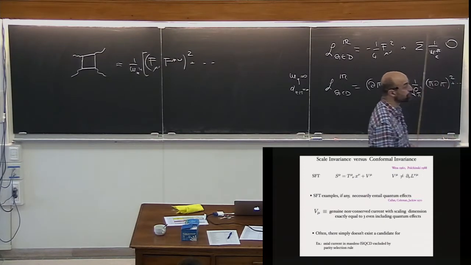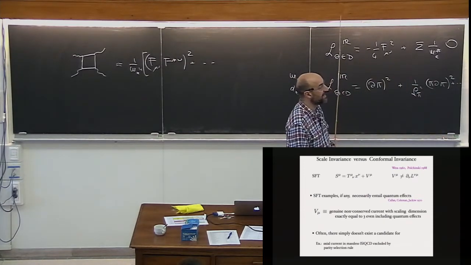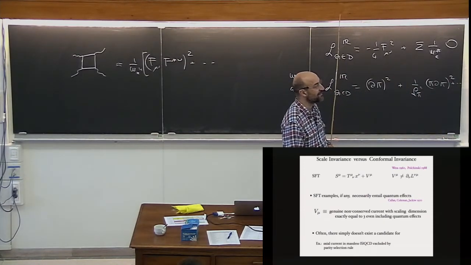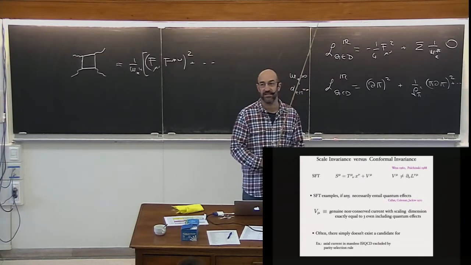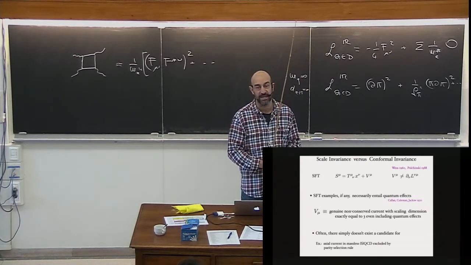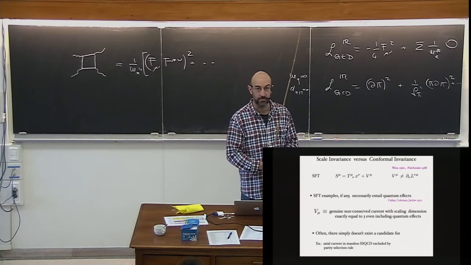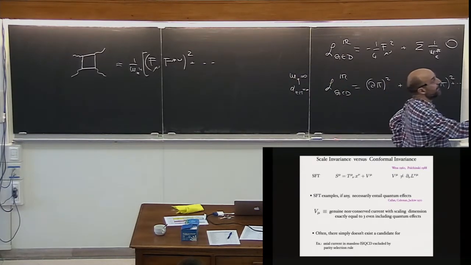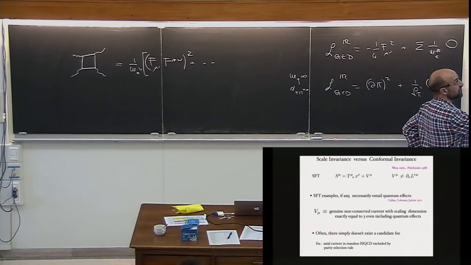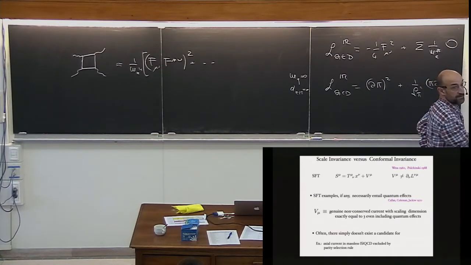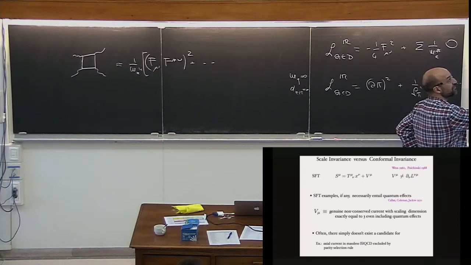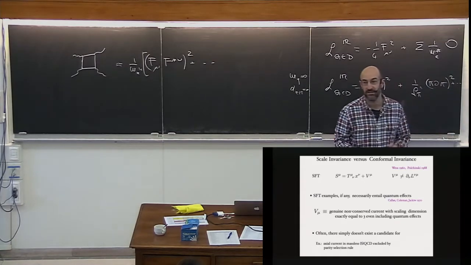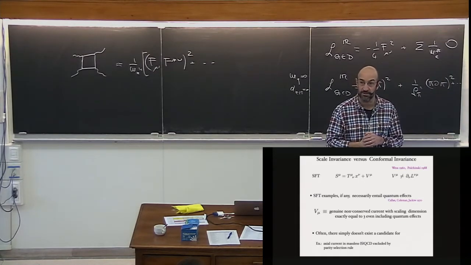And as I said yesterday, there is at least one argument that tells you this is suspicious, although it is not conclusive, and it is the following. These are conserved currents. This is conserved. This is conserved. This is not conserved. But conserved currents are known, it's just a theorem of quantum field theory, not to have an anomalous dimension.